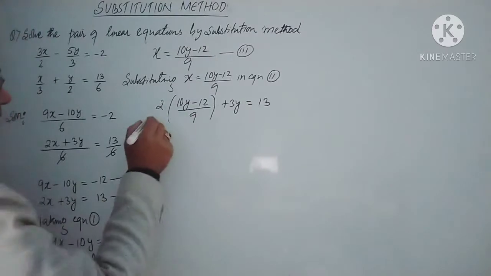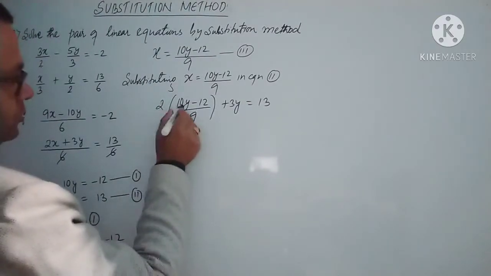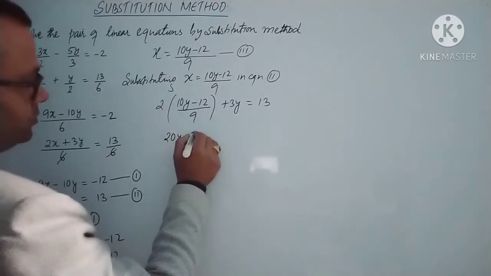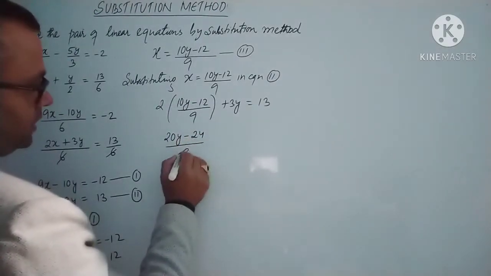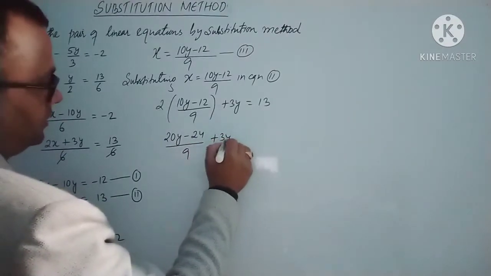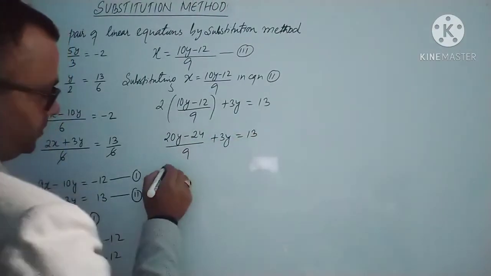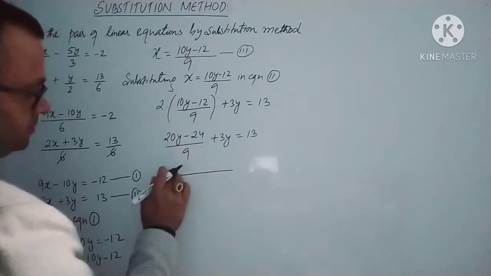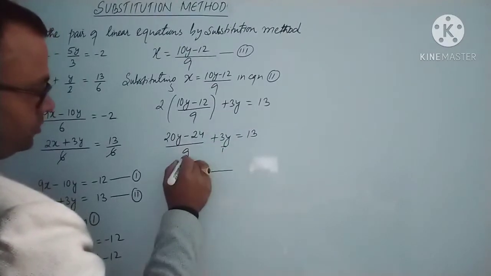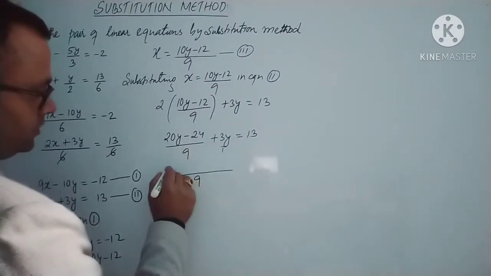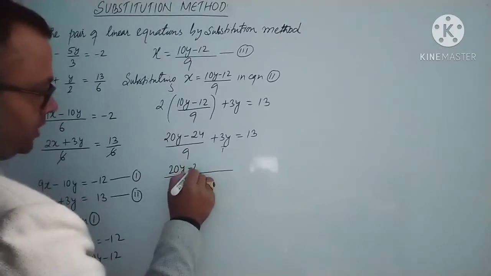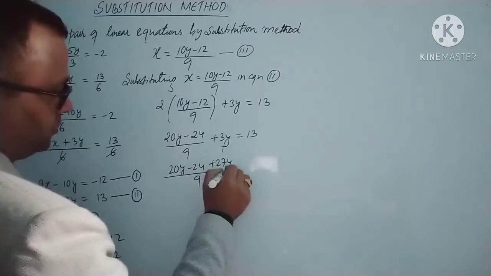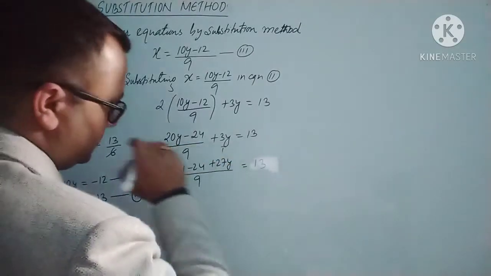Now multiply it. 2 into 10 is 20y, minus 2 into 12 is 24, by 9, plus 3y equals 13. Now we will take the LCM. Here it is 1, so the LCM of 1 and 9 is 9. So it is 20y minus 24, 9 into 3 is 27y, equals 13.